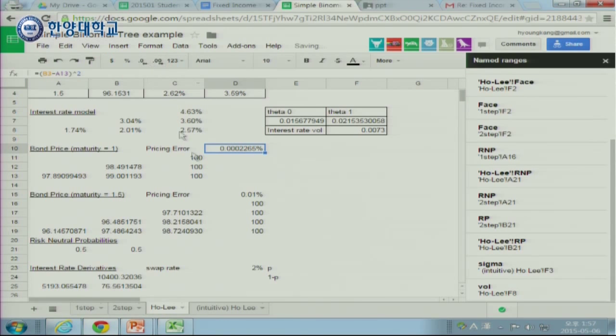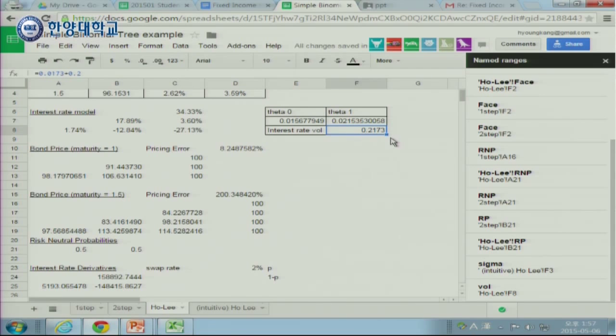Okay, so now because of quantitative easing and everyone wants lower interest rates, there is no interest rate volatility, or it is near zero. So in this situation, a more exciting case would be if I want to increase volatility a lot. Now we have a huge pricing error.